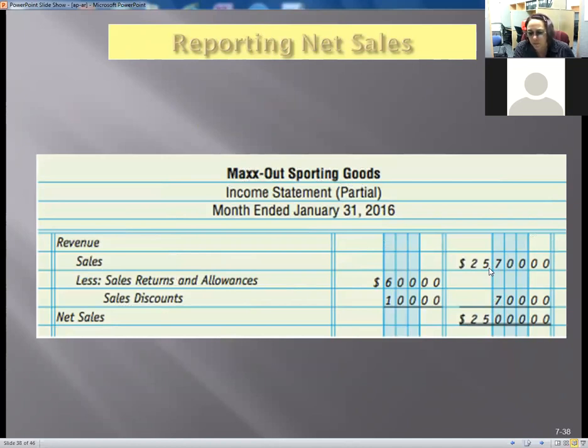So if you have $100,000 of farm equipment and you have depreciation of $70,000, you only actually have $30,000 of farm equipment. That would be your book value. That would be a contra account because you're taking the main account and offsetting it by a balance to get the net total.